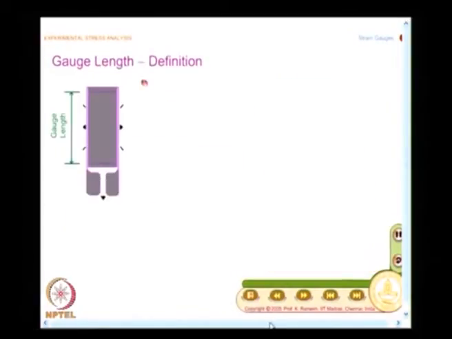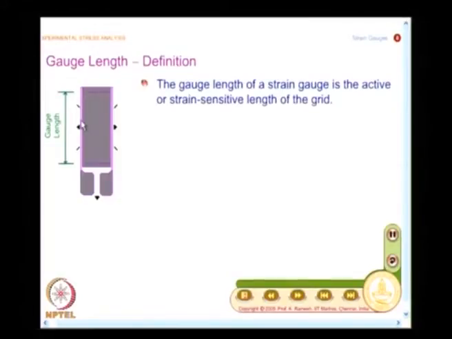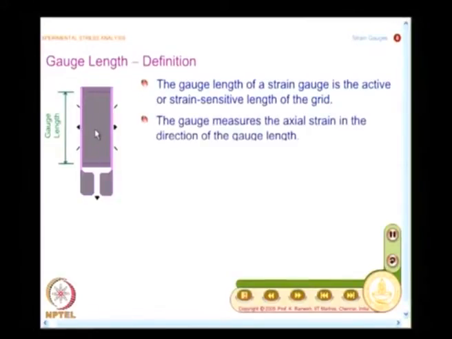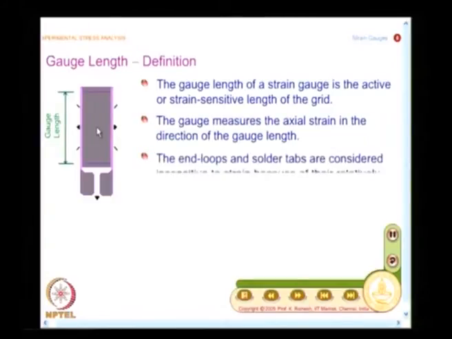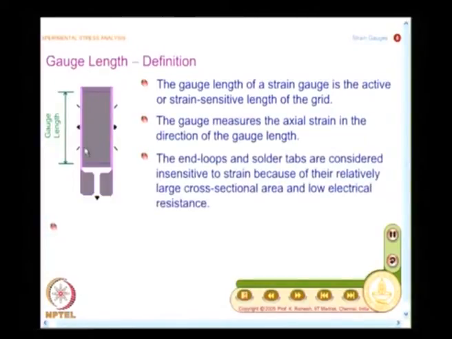And let us understand what a gauge length is, because this is a very important aspect. I said you do not have a magic material which as a speck of material is able to measure strain. I need to have a finite length, and this is put in a grid form, and the way it is manufactured, we ensure that it is primarily responsible for measurement of strain along the gauge length, because you make the wire thin enough in that direction and you define the effective measurement length here as gauge length.